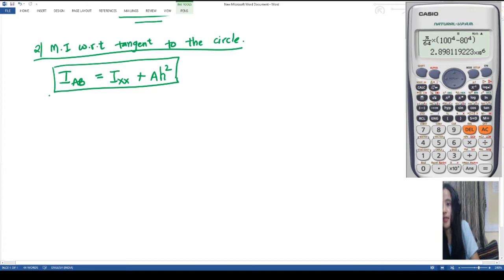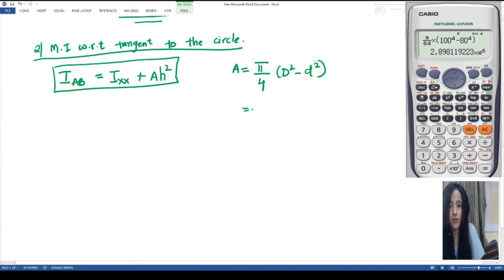Now let us find the area of the hollow circular section. Area of the hollow circular section will be equal to pi by 4 times (D squared minus small d squared). This will be equal to pi by 4 into the external circle diameter 100 squared minus the inner circle 80 squared.